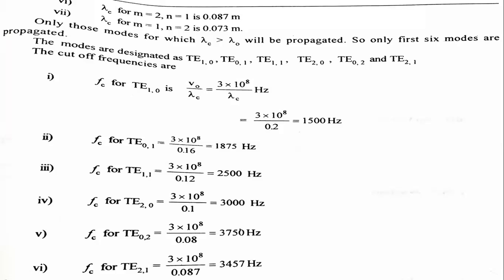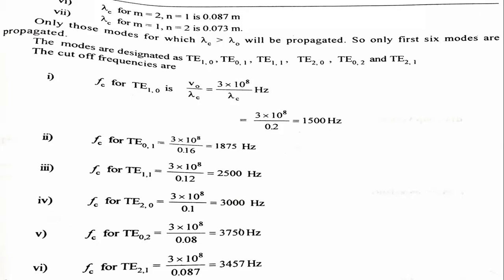See how we are comparing whether the cutoff wavelength is greater than the wavelength in free space. Whenever the cutoff wavelength becomes less than the free space wavelength, there is no need to consider that mode, because propagation will happen only when lambda c is greater than lambda 0.